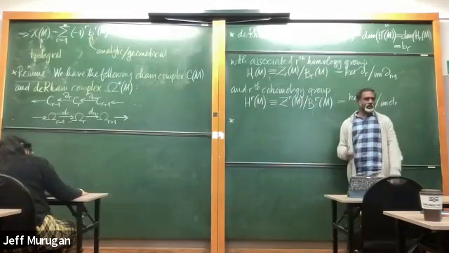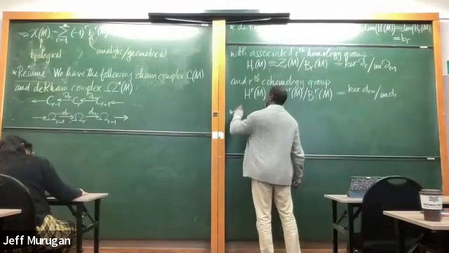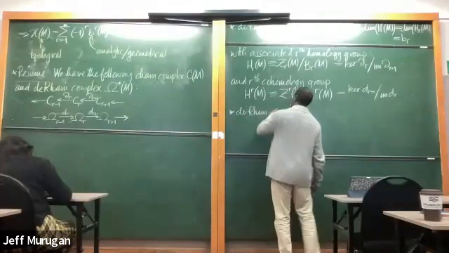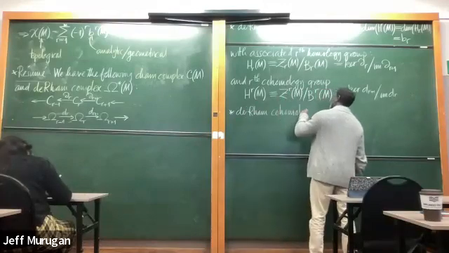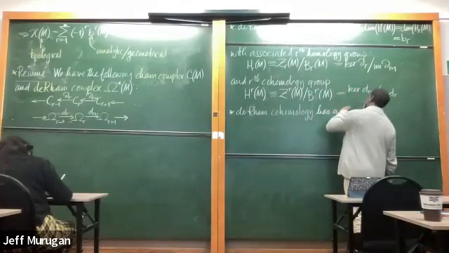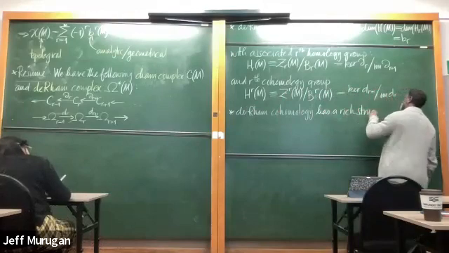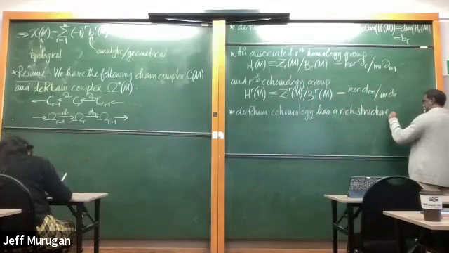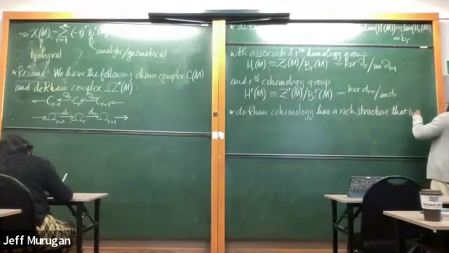It's just easier to manifest in the one. So the statement is that the de Rham cohomology has a rich structure that is manifest.